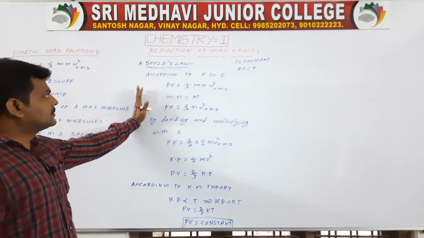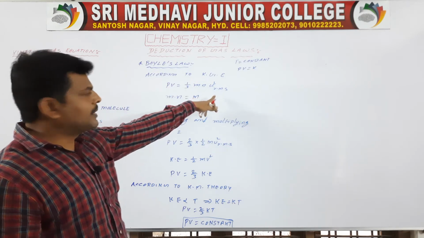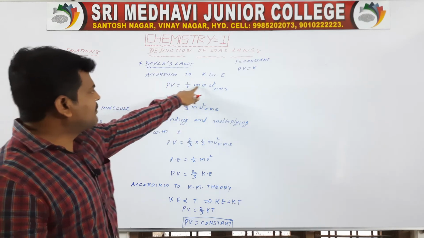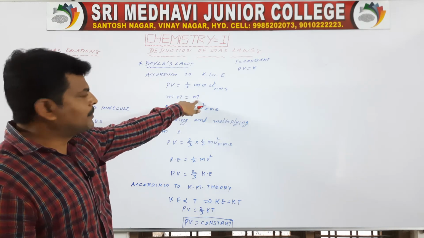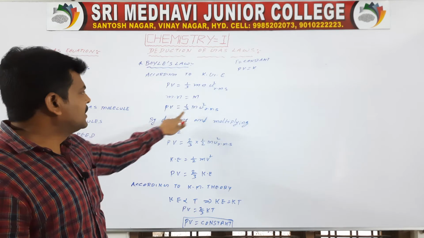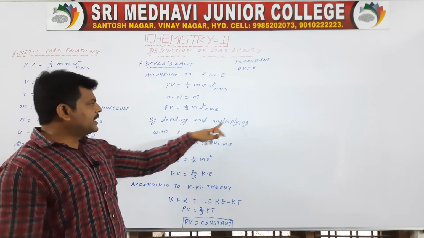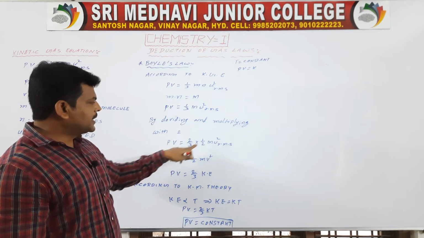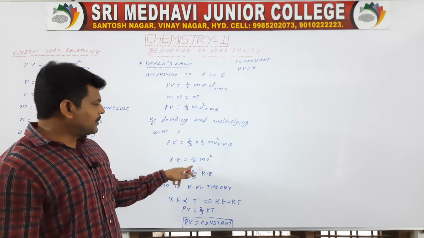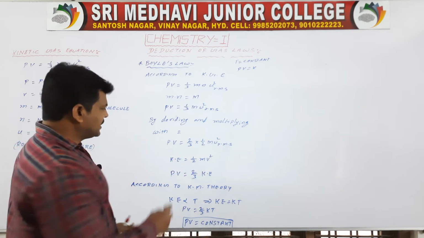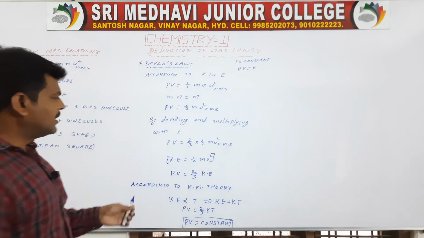This is Boyle's law. According to the kinetic gas equation, PV equal to 1 by 3 m n u square. The product of m n, mass of one molecule and number of molecules, I am taking as capital M, molar mass. Then PV equal to 1 by 3 M u square RMS. By dividing and multiplying with 2, the 2 by 3 into 1 by 2, then it is half M u square, which is the kinetic energy KE equal to half m v square.